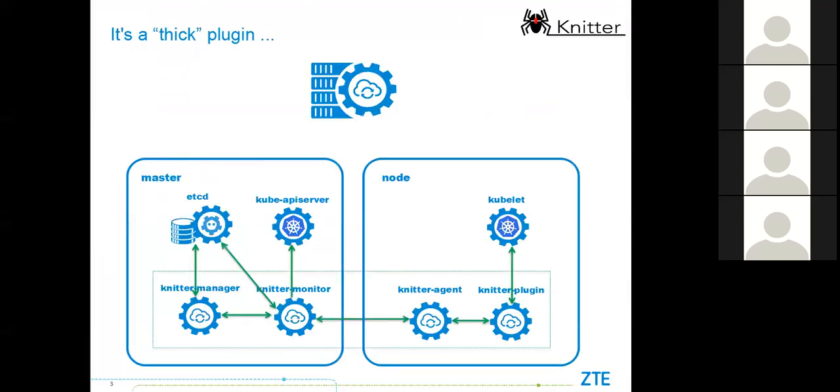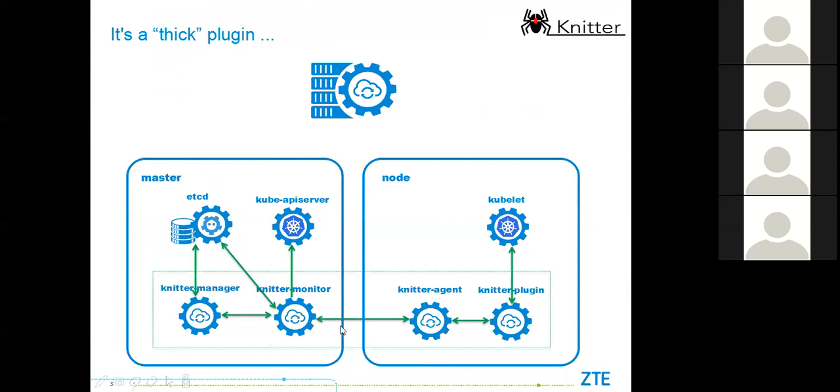Okay. Different from CNI delegating plugins such as Multus, Netter is a thick plugin. It has four components: Netter Manager, Netter Monitor, Netter Agent, and Netter Plugin. And it processes all of the network attachment workflow.